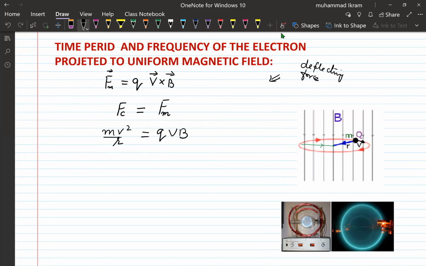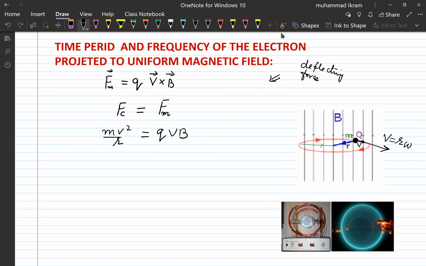It will be equal to this because the force is maximum here, because the charged particle is moving perpendicular to the magnetic field. Now we know that when the charged particle moves, if this is the direction of the velocity, then this v is equal to what? r omega, right? That is the tangential velocity in terms of the angular velocity.